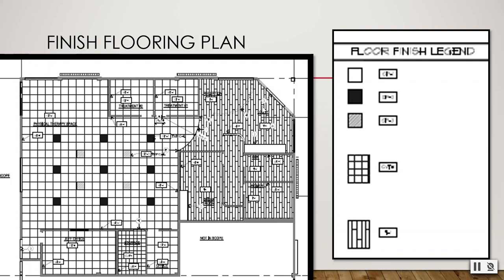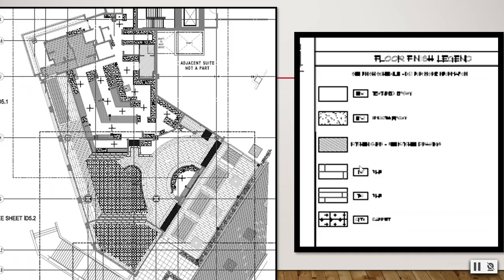So here is a perfect example of a finished floor plan. You see the different hatches. This represents the wood tile. Here you see the square represents carpet 1, carpet 2, and carpet 3. And here is CV for composite vinyl tile. And that's that little hatch.